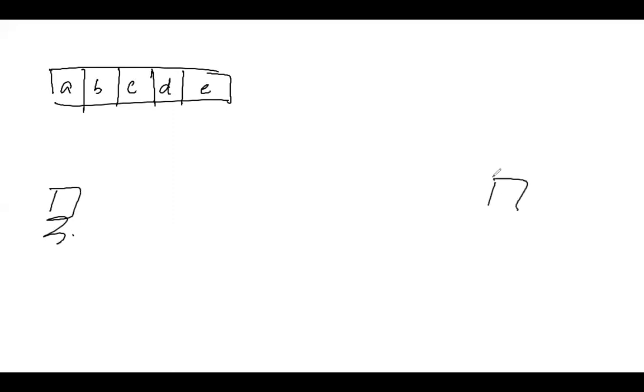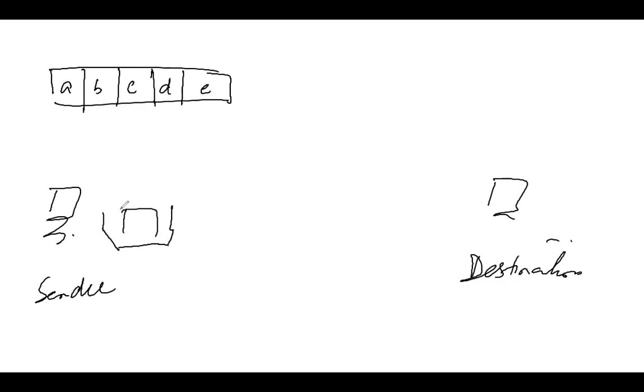This one is the sender node, and this one is the destination node. So look at this, they will transfer it. This is, as we told you, a message slot. So he will first put A in this, then in the next slot he will put B, then in the next he will put C, and will transfer one by one.